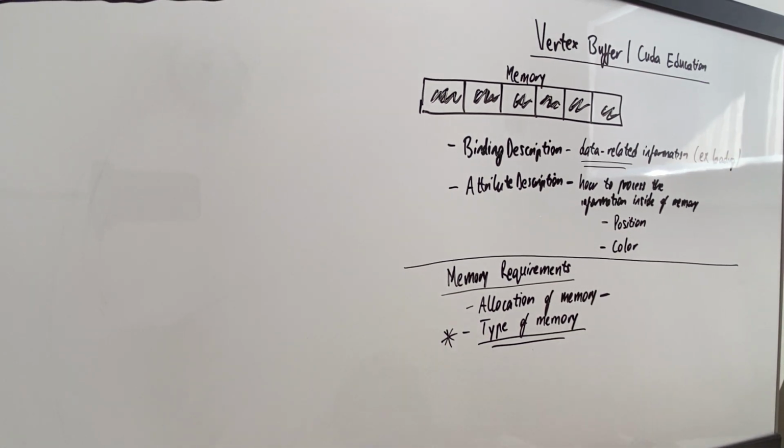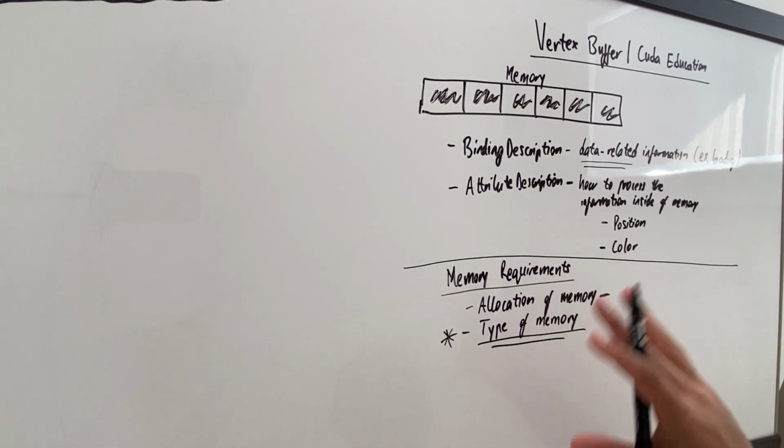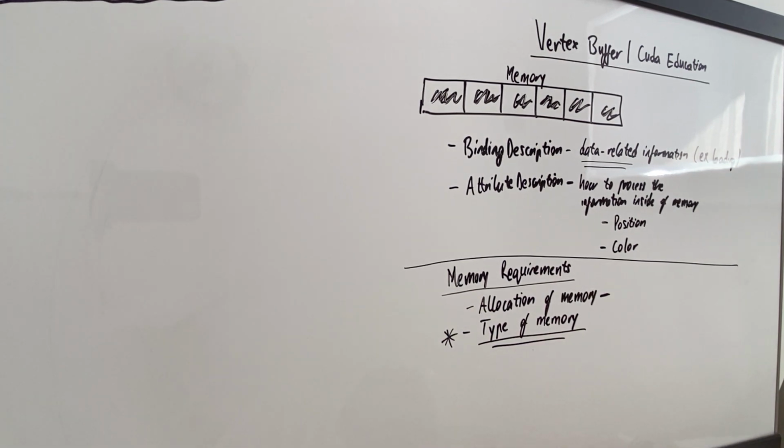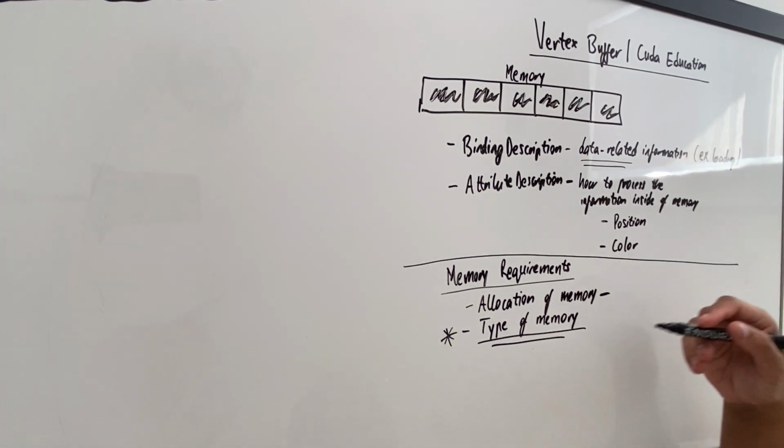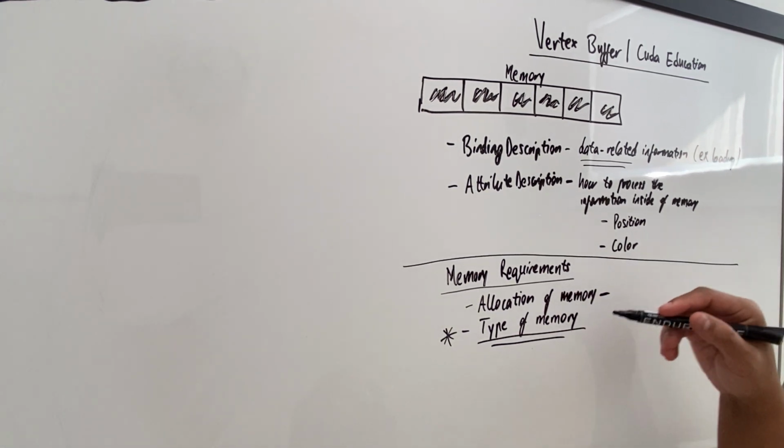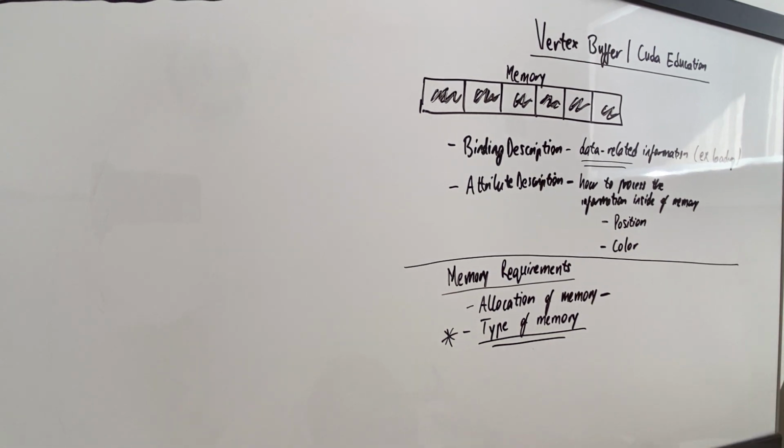So that's why when we're cycling through the types of memory on the GPU, we have to get memory that is host visible, which means that the GPU can see the memory that is on the CPU. That's my understanding of it.